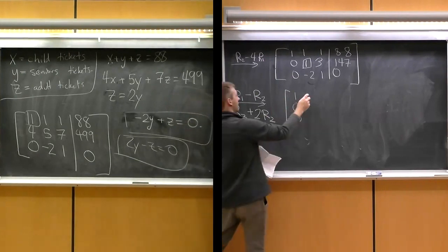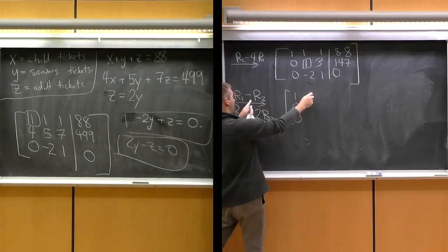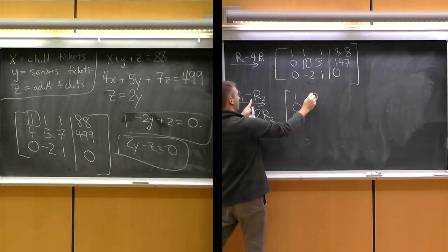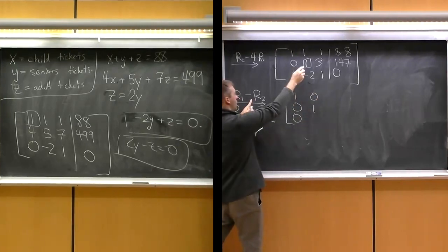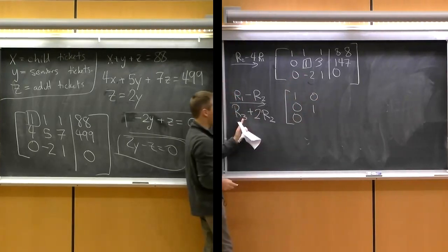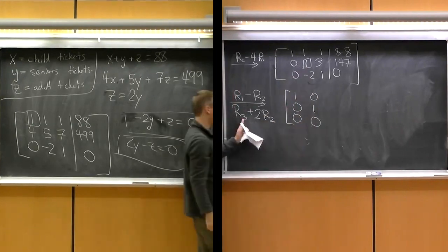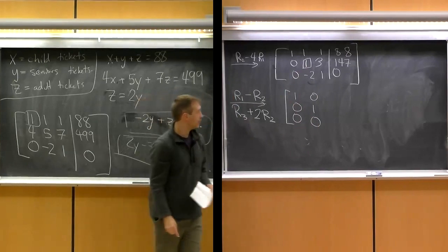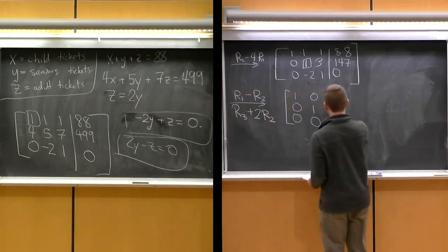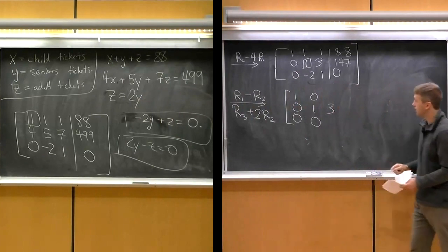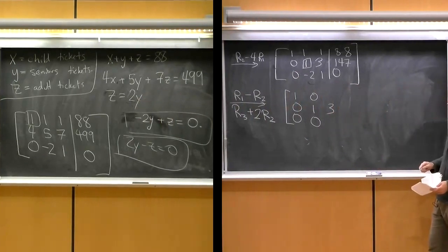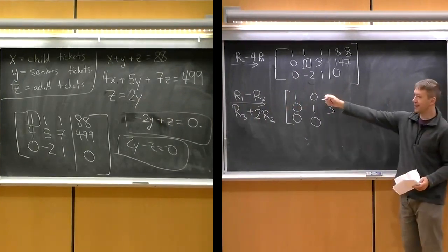Okay. In this column, I had a 1, and I'm subtracting this 1, so I get a 0. I've still got a 1 here. Here I had a -2, and I'm adding 2 1s, so I'm getting a 0. That's still a 3. What am I getting here?